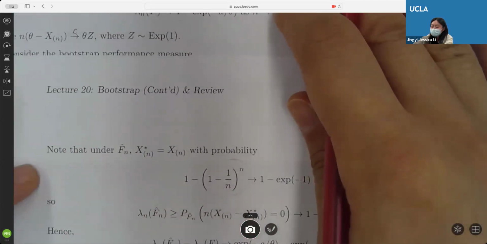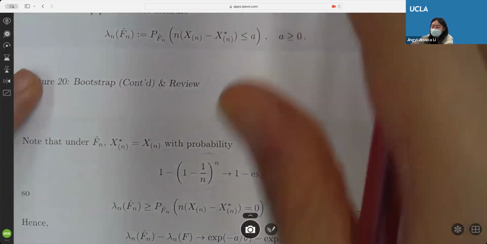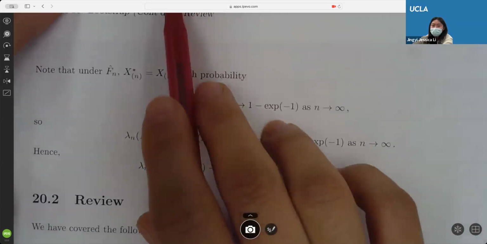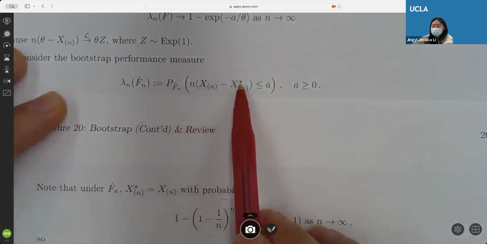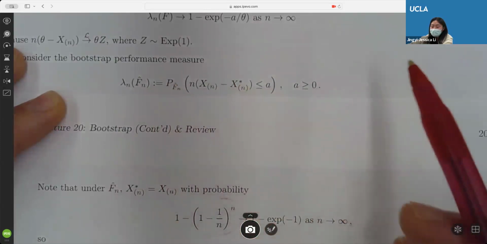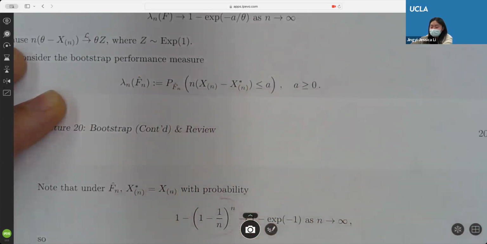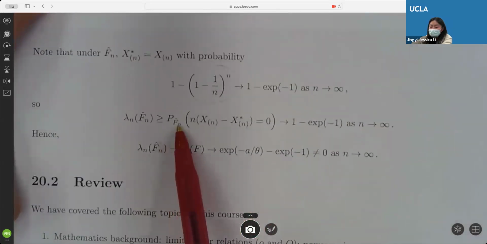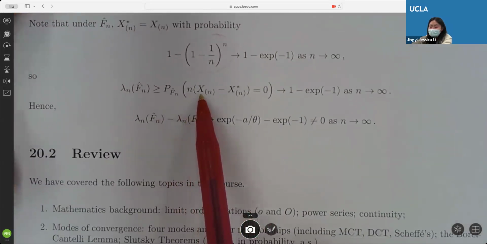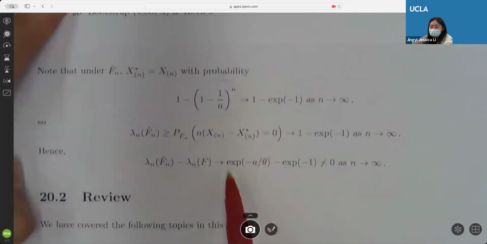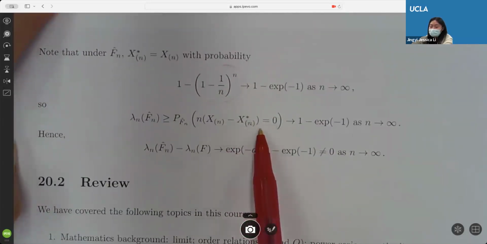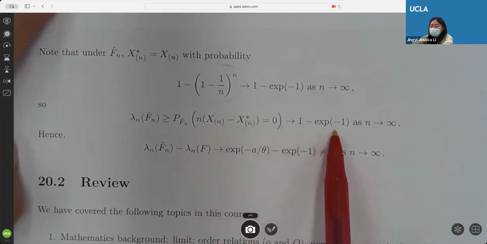So therefore, the probability that n times their difference is less than or equal to a is larger than the probability that this difference is exactly 0, because less than or equal to a contains being exactly 0. And being exactly 0 converges to this limit.